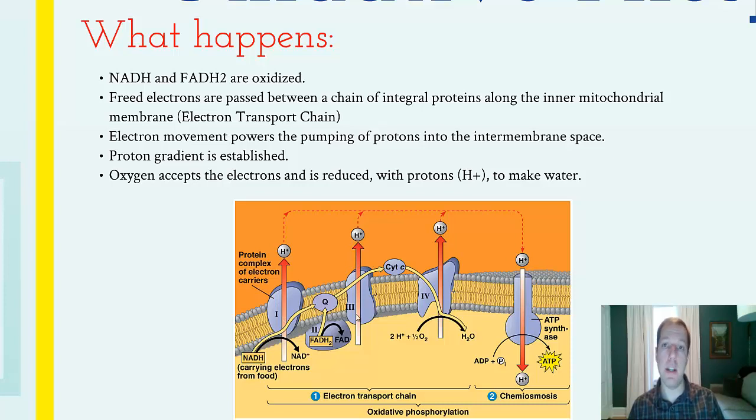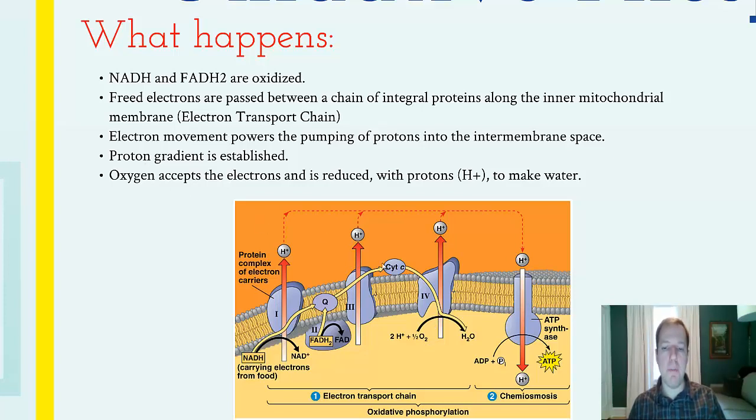They always need to be bound to other molecules in order to control the energy that they have. And so ultimately those electrons, once their usefulness is over, will be combined with oxygen to be able to make water. If oxygen is not available, then there is no place to put those electrons, and that's what halts all of these processes.